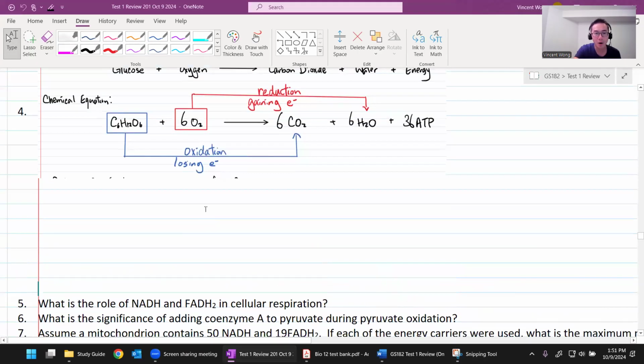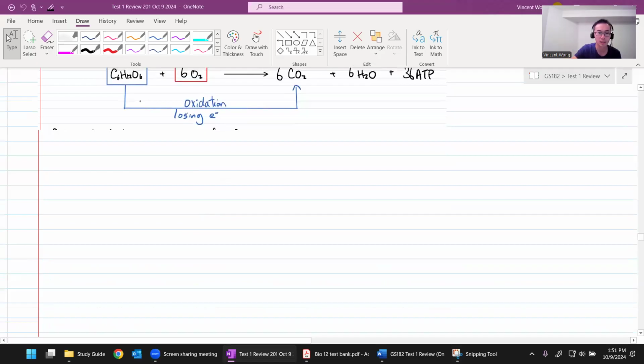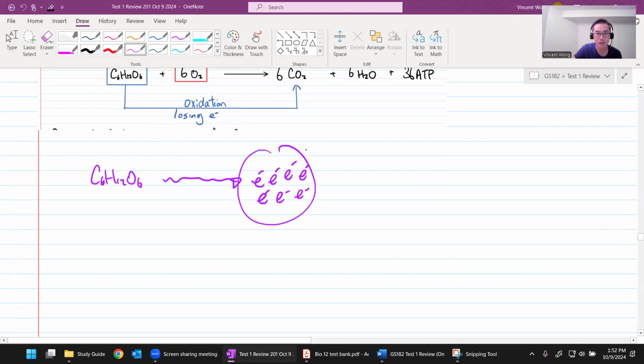So by now, after we finish our discussion on Monday, basically we have glucose and it's going to be releasing a bunch of electrons. Okay, these electrons do not go directly onto oxygen, but rather they are going to be picked up by NAD plus.